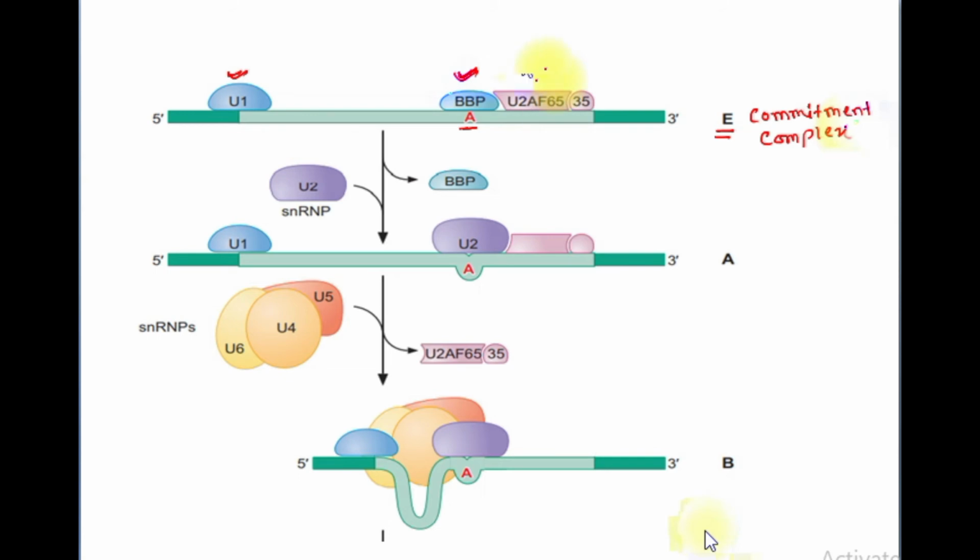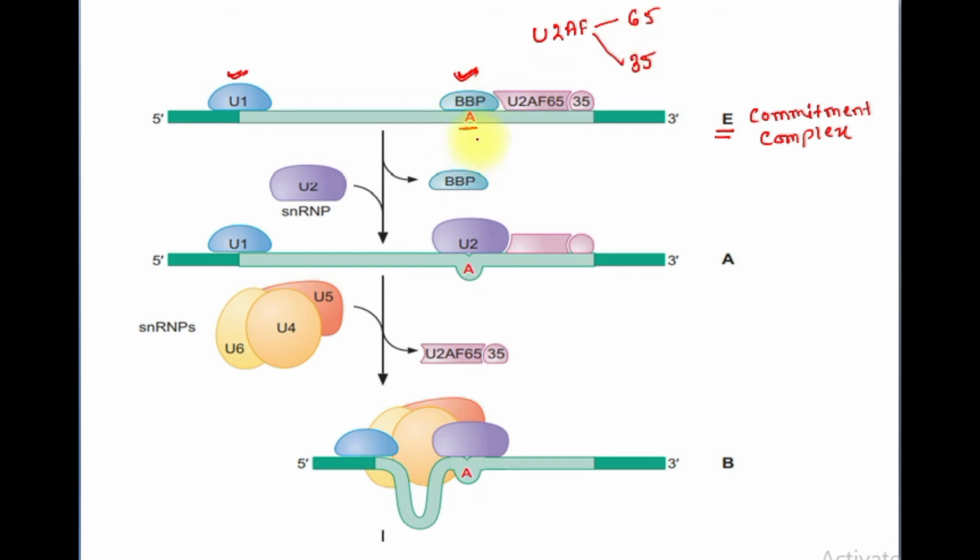The U2AF has two subunits, the 65 subunit and the 35 subunit.